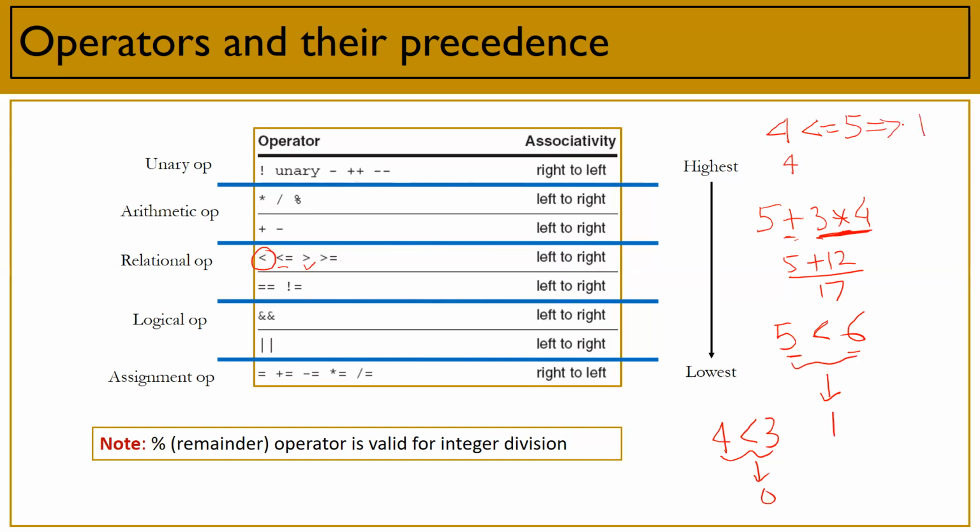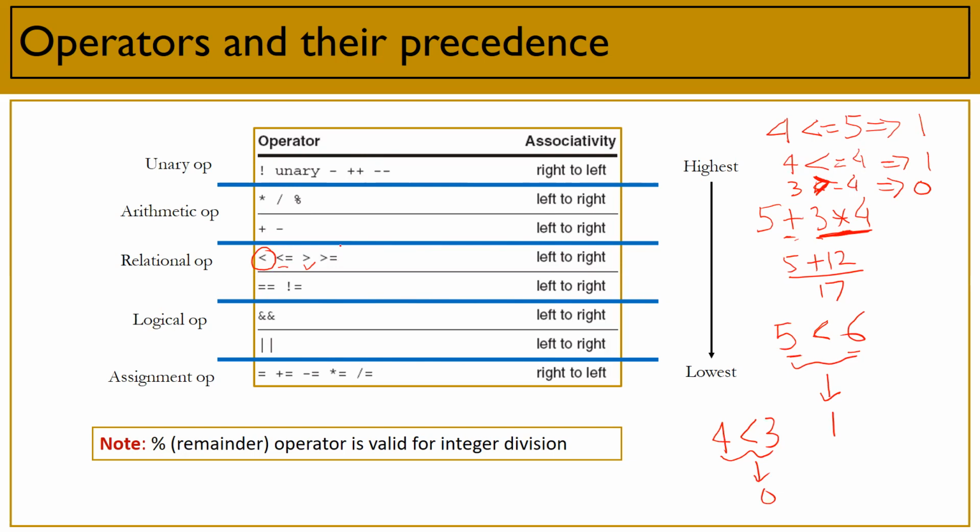If I write 4 is smaller than or equal to 4, which is also true because 4 is equal to 4, at least that part is satisfied, so it will also return 1. But if I write 3 greater than or equal to 4, which is false because 3 is not equal to 4 and 3 is not greater than 4.